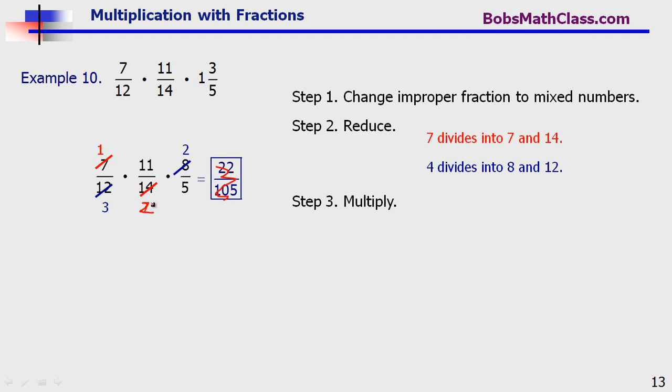How many times does 2 go into 2? Once. How many times does 2 go into this 2? Once. So then you multiply across and you'll get 11. And the denominator, 3 times 5, 15.